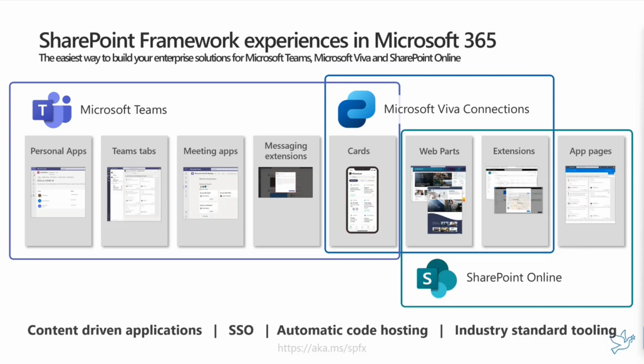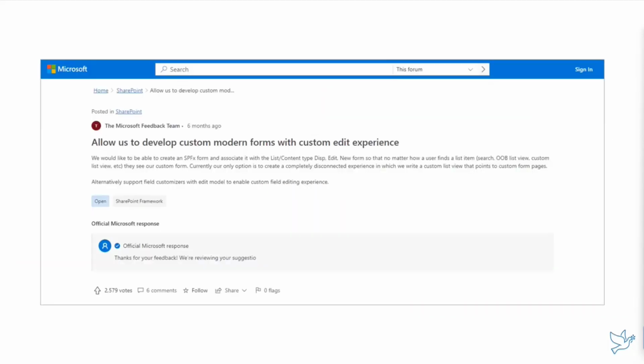Now, one of the classic requests related to SharePoint Framework for many years is, well, please, Microsoft, allow us to build or develop custom modern forms with a custom edit experience. As part of the SharePoint Framework initial release back in 2017, we've had 20 releases already, consistently a few times a year.